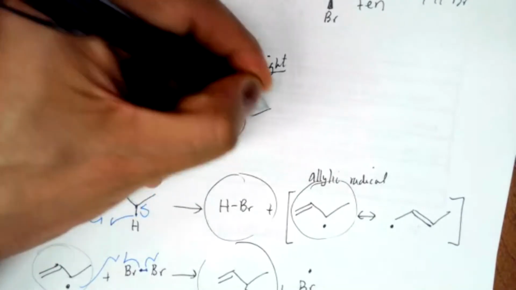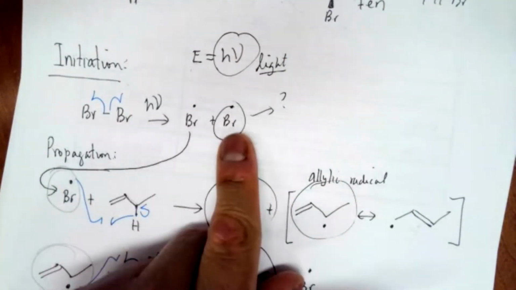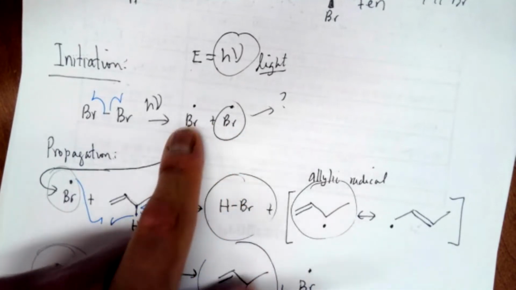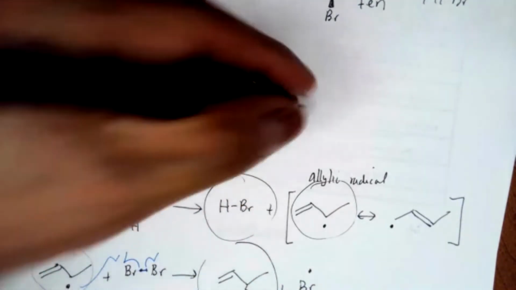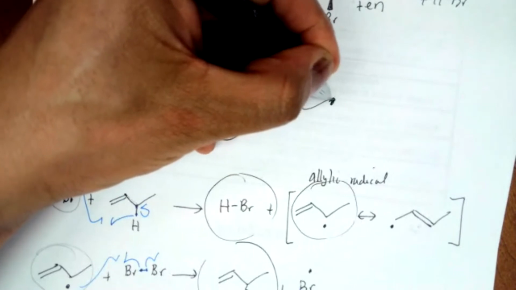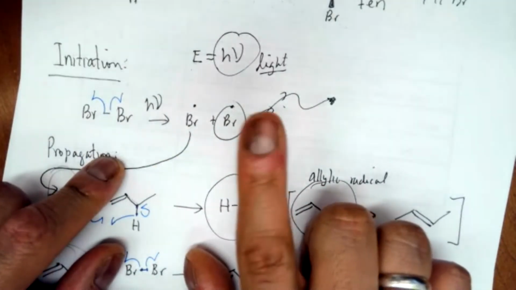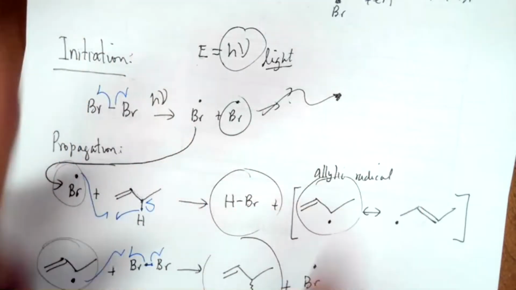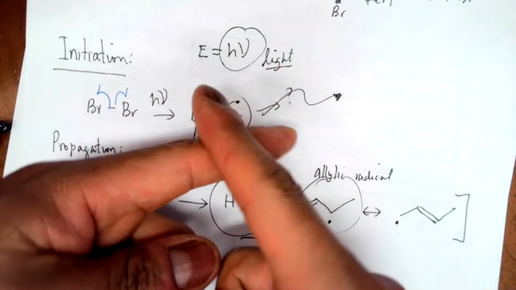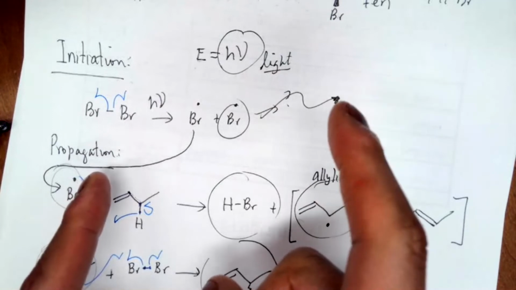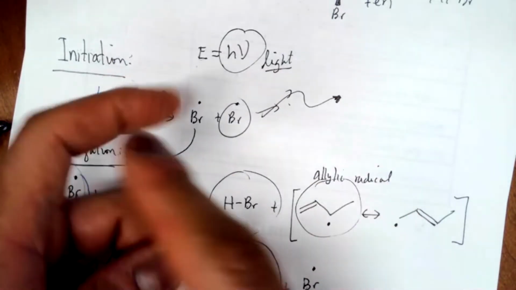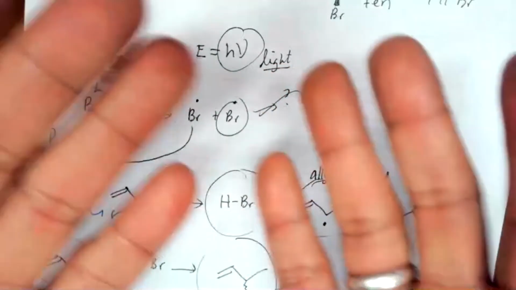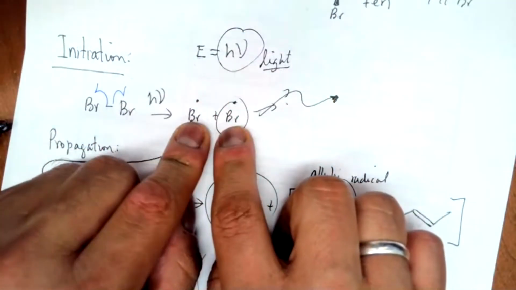But what happens with this one? This one is also a radical. Is it going to react, or is it going to wait for this guy to finish? No, this is also going to react. That's the bad thing. Why? Because each bromine has its own reaction path, and sometimes they might cross. That means this bromine might brominate the brominated product of the other if they cross, right? So that is what causes a conflict of reaction.